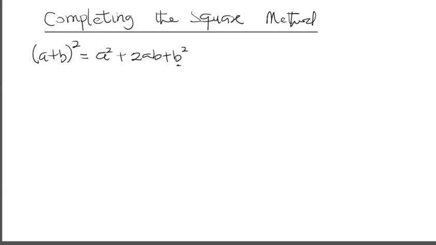If I move the last term across the equal to sign, we'll obtain (a + b) squared minus b squared is equal to, on the left hand side, a squared plus 2ab. So basically what this means is that if you are given an expression in this form, you can rewrite it as this. Let's look at specific examples.